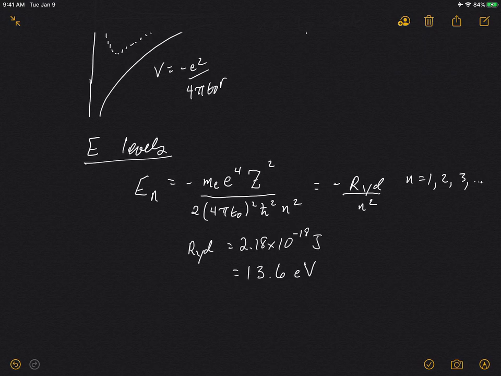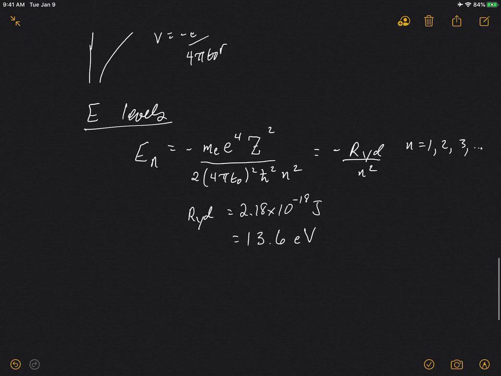And so that's again a fairly commonly used energy unit in atomic physics and in spectroscopy, and also in things like solid state physics.